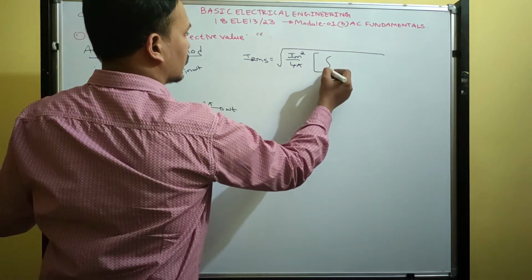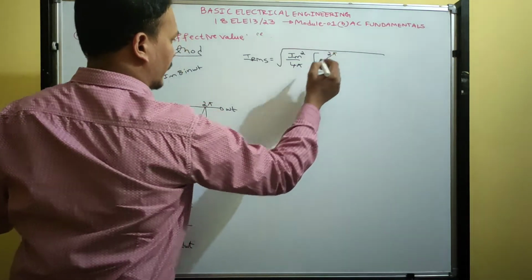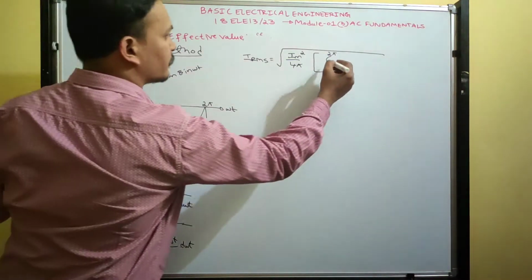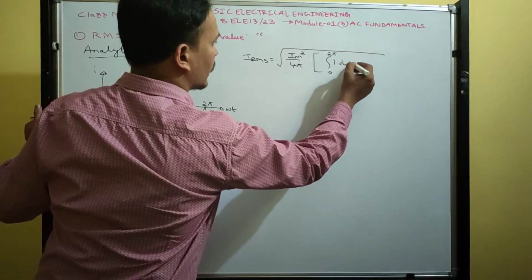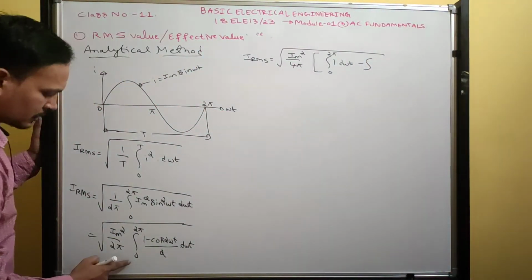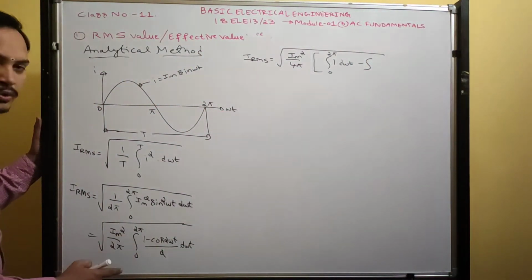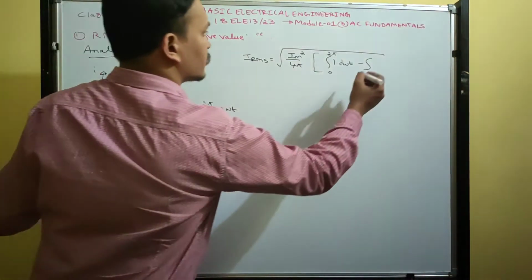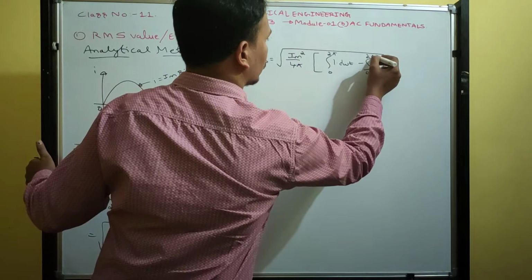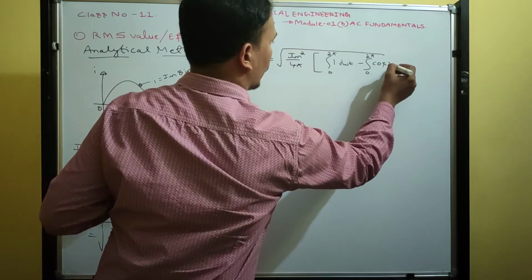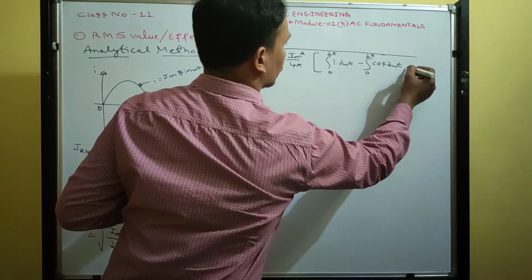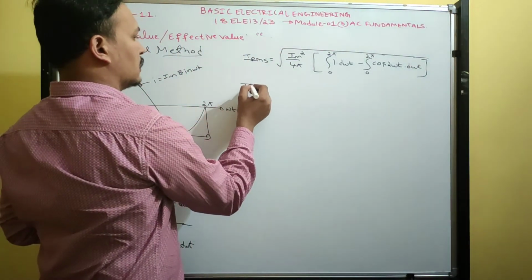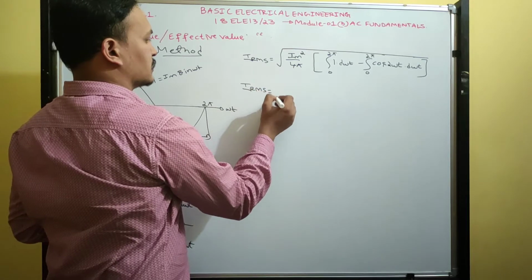Now within the bracket, integral 0 to 2 pi, 1 into d omega t, minus integral 0 to 2 pi cos 2 omega t into d omega t. I am splitting these two terms into separate integrals.